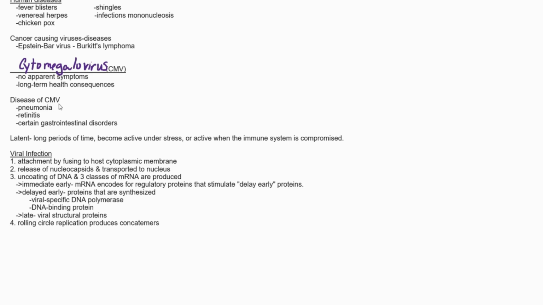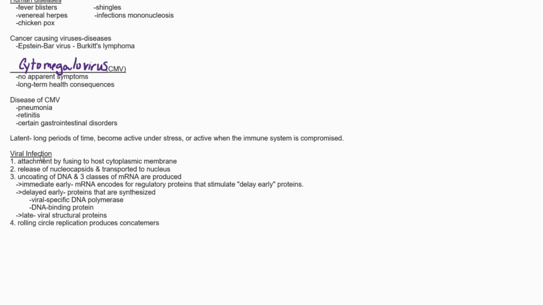With CMV viruses, they can be latent. They can exist in the host for a long period of time. They can become active under stress or when the immune system is compromised. Viral infection.